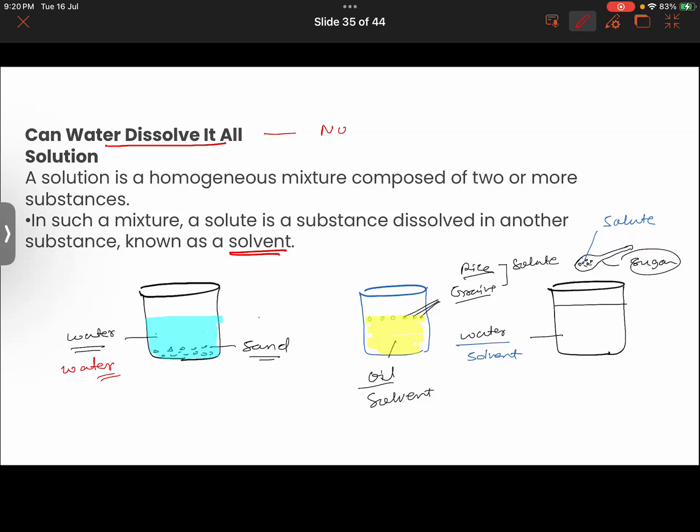Sand will be solute. Which one is present in greater quantity? Of course, water. Okay. Also we'll find that the solvent will be present in greater quantity. Keep that in mind. And the solute is present in a smaller quantity.